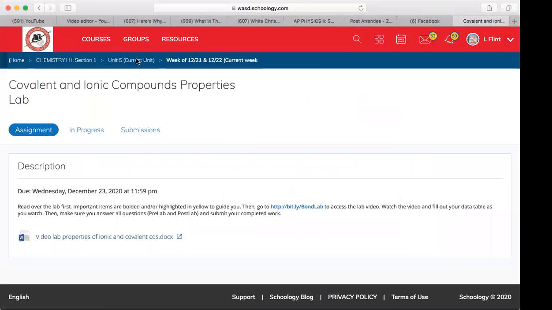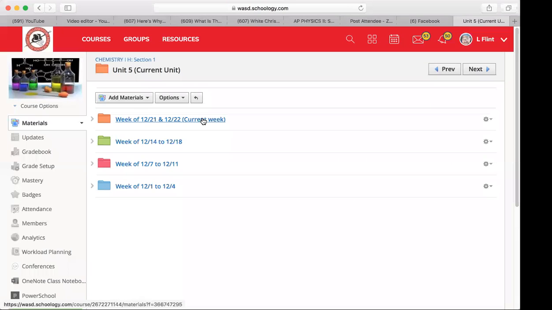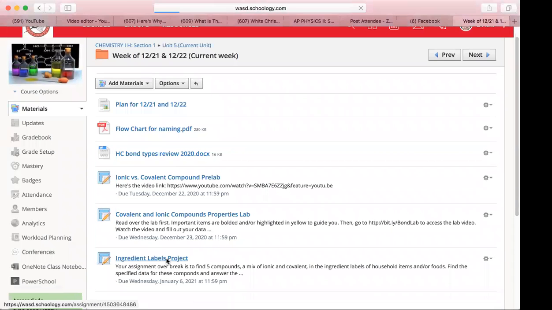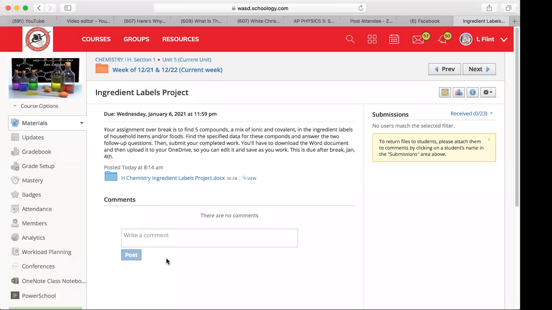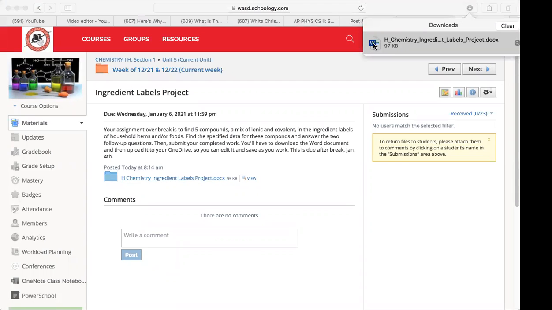The other thing is not due till after break, like Wednesday after break, but this ingredients labels project. So in your home, in your apartment, wherever you live, there are products that have labels on them. Cleaning products, kitchen products, foods, all kinds of stuff has labels. We have labeling requirements in our country that help people understand what is in different things.